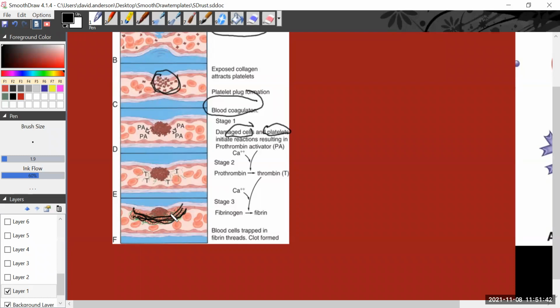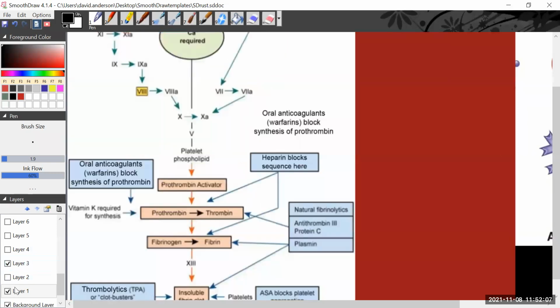All of that's going on in those three steps: platelet plug formation, vasospasm, or blood vessel constriction, spasm, and then the coagulation process, the steps that occur in order to encourage a complete plug.